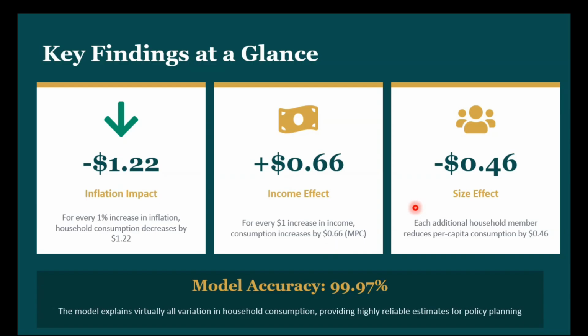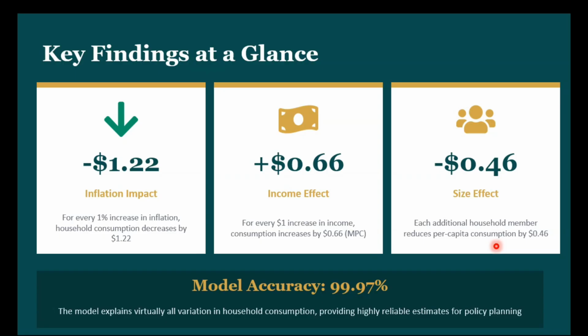And then each additional household member is leading to a reduction in consumption. So as chief economist for the South Sudan ministry, I would advise the government to regulate the birth rate, because as long as we add one person per family, consumption reduces as well.